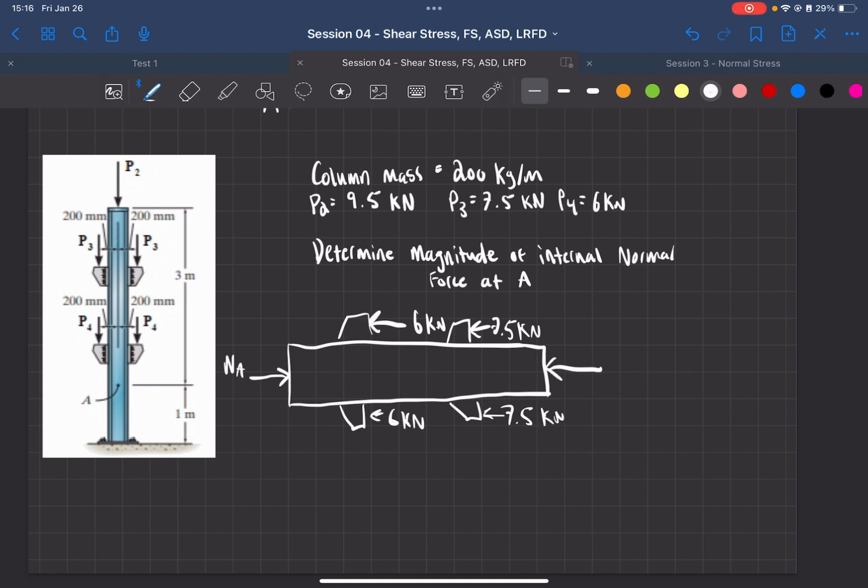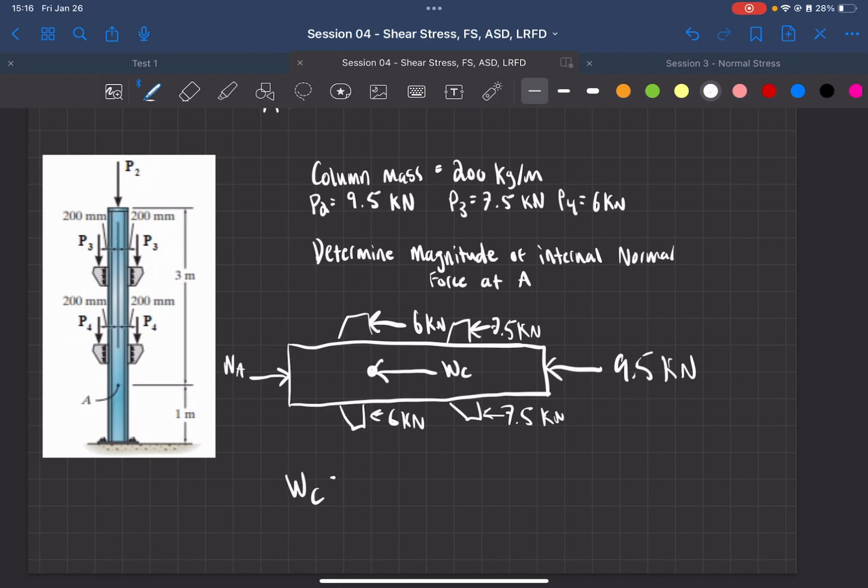And then we have our P1, which is 9.5 kilonewtons. Now the only thing we're missing is the weight, at the centroid, which would be at 2 meters. But we're cutting it at A, so it's going to end up closer to around here. That's not really important for this question, but this will be the weight of the column.